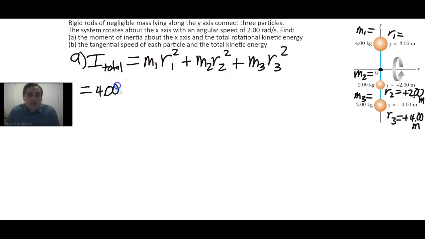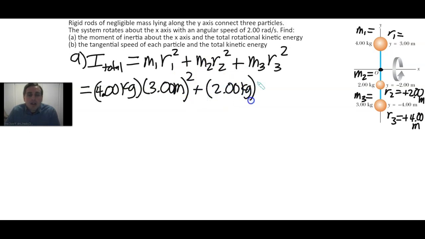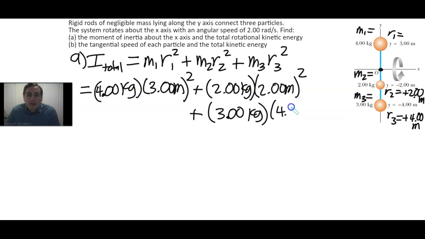That's 4.00 kilograms multiplied by its radius of 3.00 meters, and we square that, plus mass 2, which is 2.00 kilograms, times its radius of 2.00 meters, and we square that. And then plus the last mass, 3.00 kilograms, times the radius of 4.00 meters, and we square that.